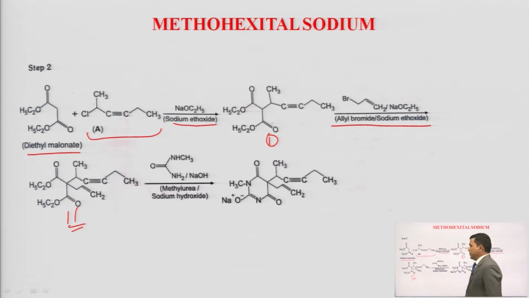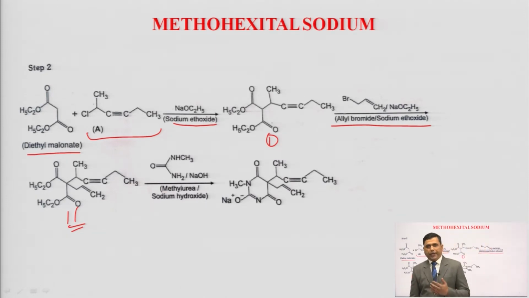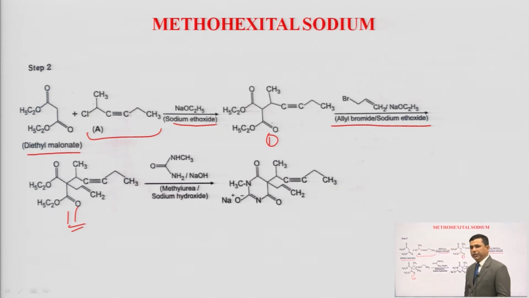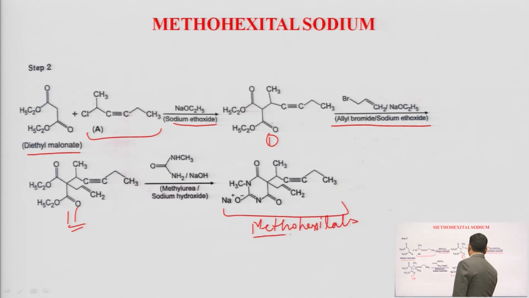In the last, very important step, the cyclization step, we are using methyl urea in the presence of sodium hydroxide, and then it will convert into methohexital sodium finally. So, methohexital we can synthesize in 2 steps.